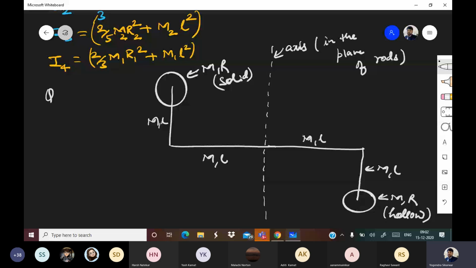Sakshi is saying 20 ml square by 3 plus 16 mr square by 15. She is saying that. All right.